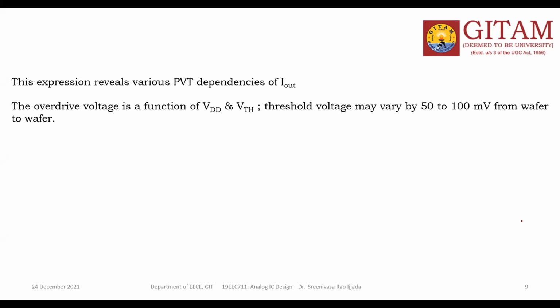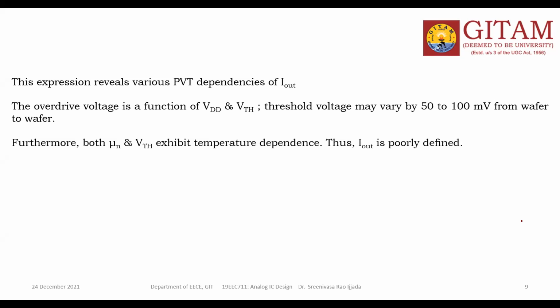Threshold voltage may vary 50 to 100 millivolts from wafer to wafer, meaning process to process. Furthermore, μn and VTH have temperature dependence. If temperature is more, VTH will change, and μn also. μn is the mobility of the carriers, so mobility is definitely enhanced with temperature.